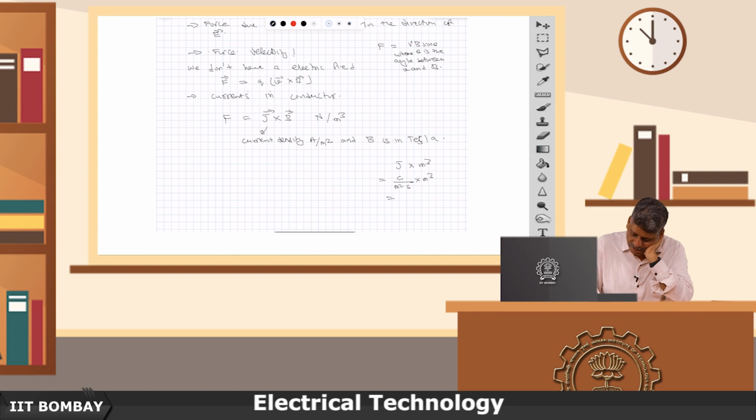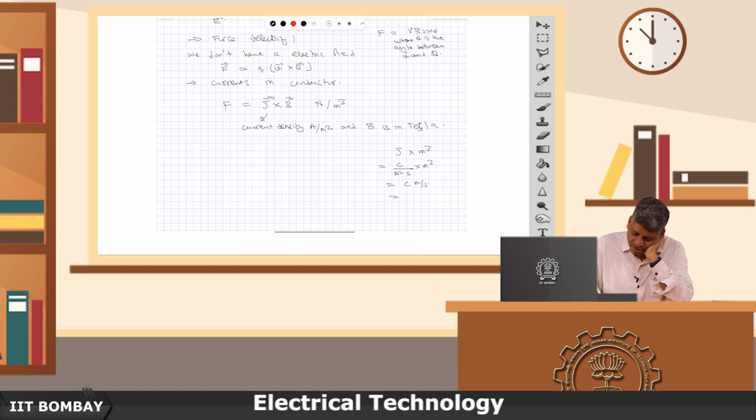Then this becomes coulomb meter per second, which has the dimension of the product of charge and velocity, because the velocity is in meters per second. So, when I multiply it by m cube, it comes back to the original equation.